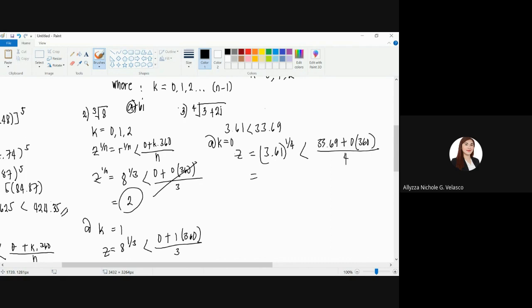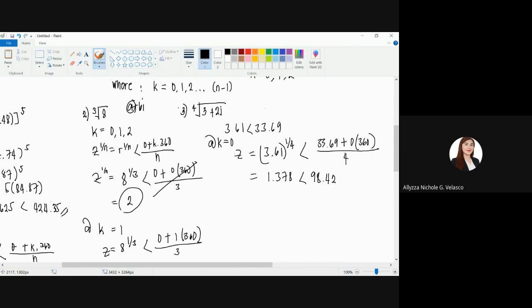That is equal to 1.3378 or 1.38. Per angle, we have 33.69 plus 360 divide by 4. That is 98.42. Okay? So, get its equivalent rectangular form.